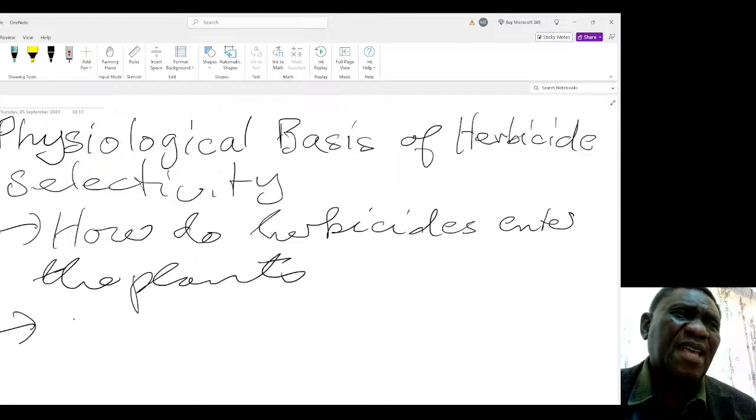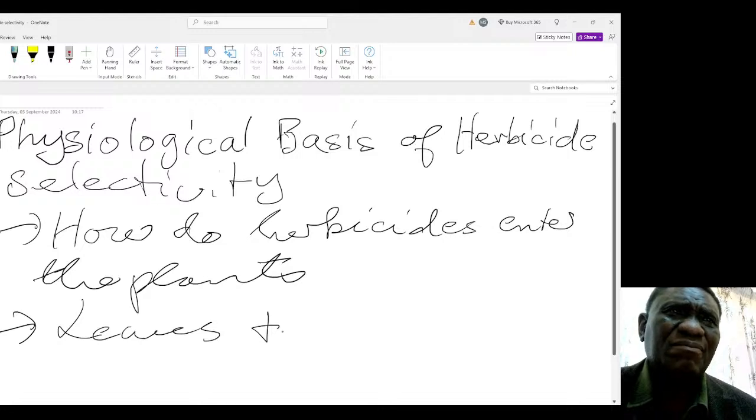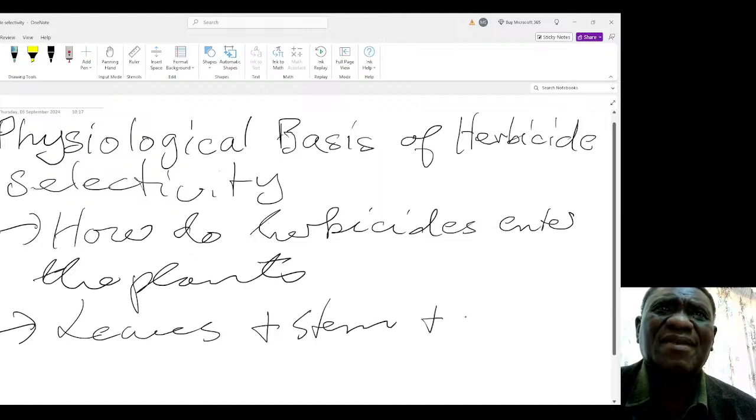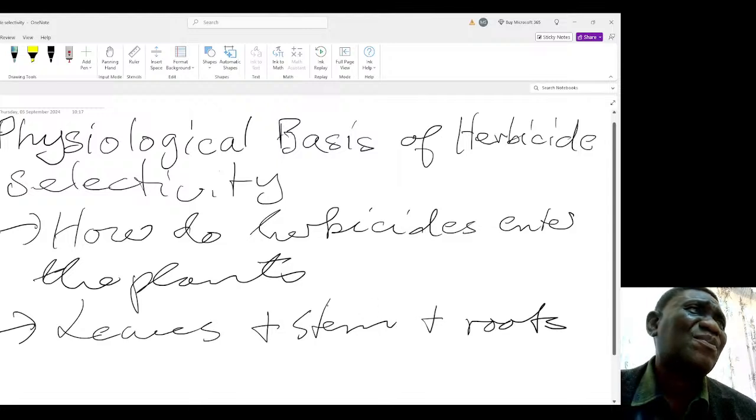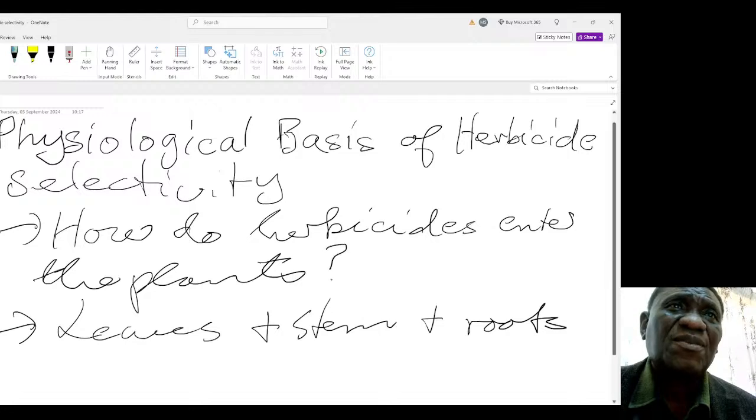Now, most herbicides enter the plants via leaves and probably stem and the roots. Okay, I should put a question mark here.